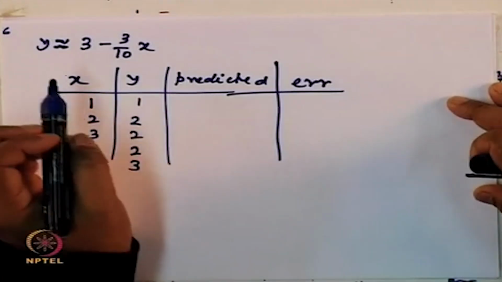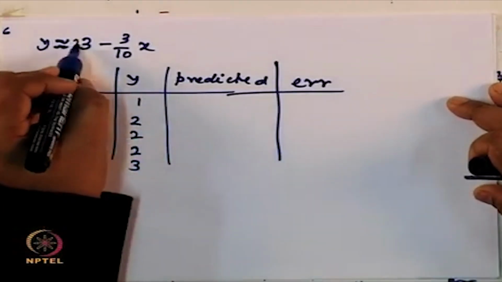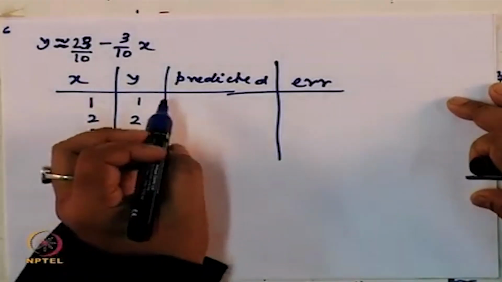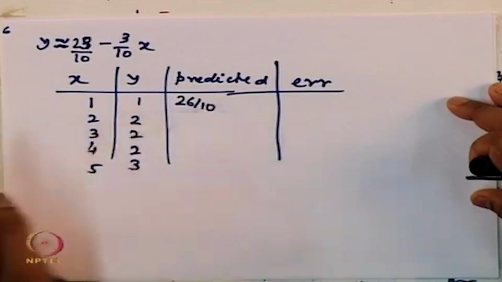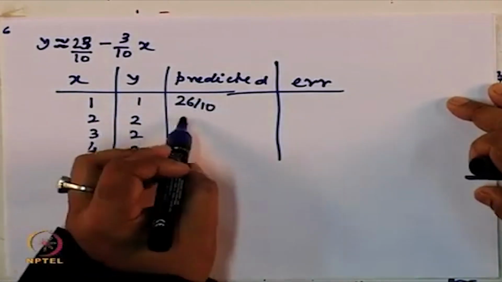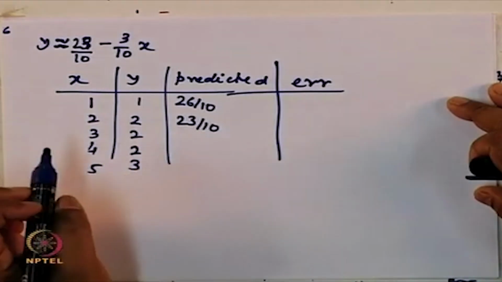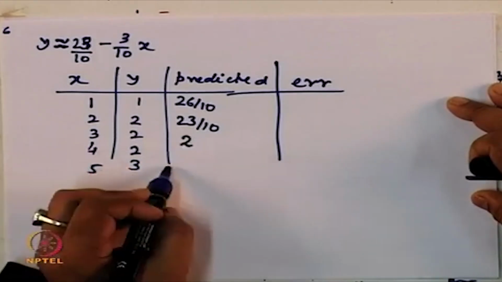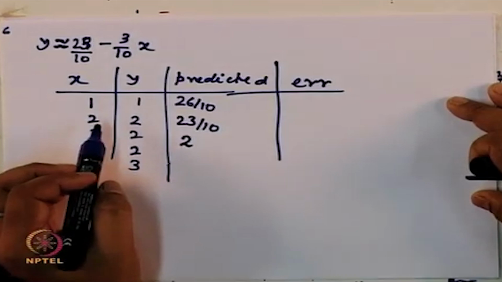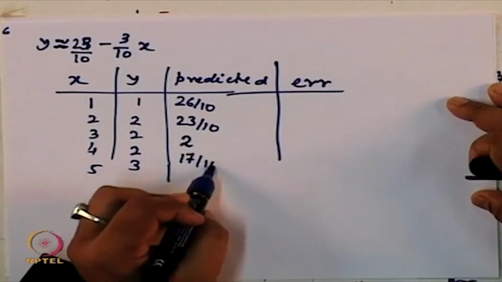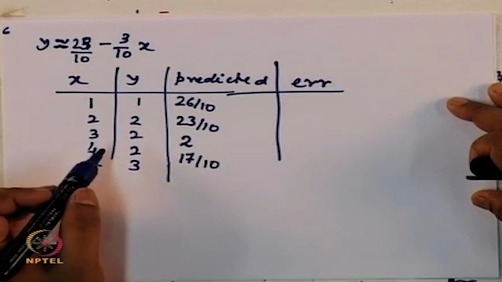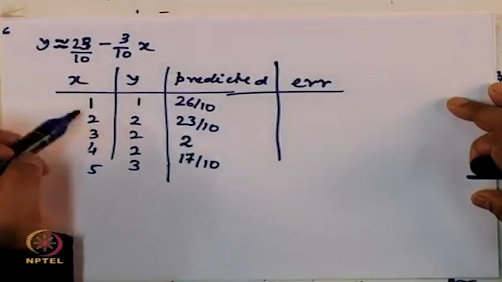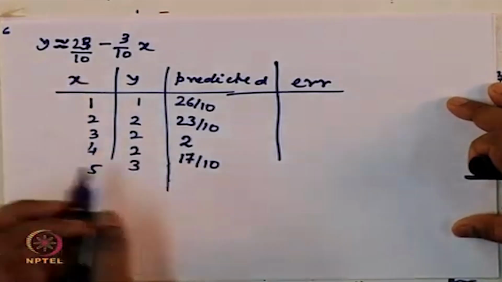The predicted values: I should write 29 by 10, so for x equal to 1, 29 minus 3 by 10, 26 by 10. For 2, it is 23 by 10, and so on, until for 5 it is 14 by 10.